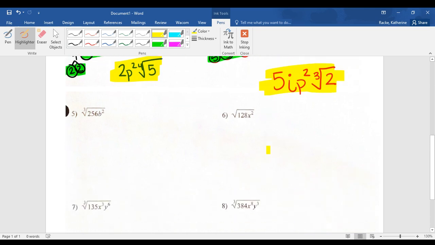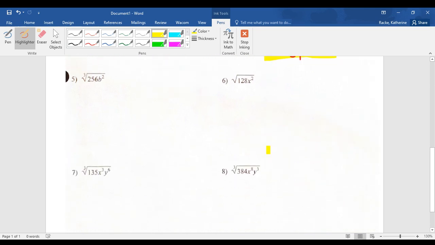Okay, moving on to number 5, cube root of 256 b squared. So 256, it's an even number, so we'll just start with a small one. You can see that 2 goes into it, 4 also goes into it. I'm going to do 4 just because it's a little smaller number.